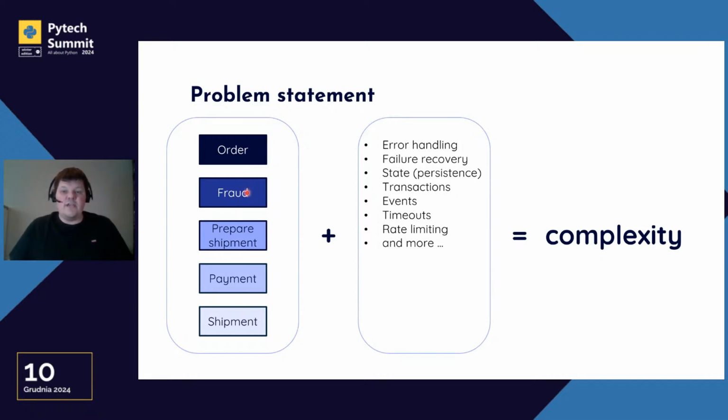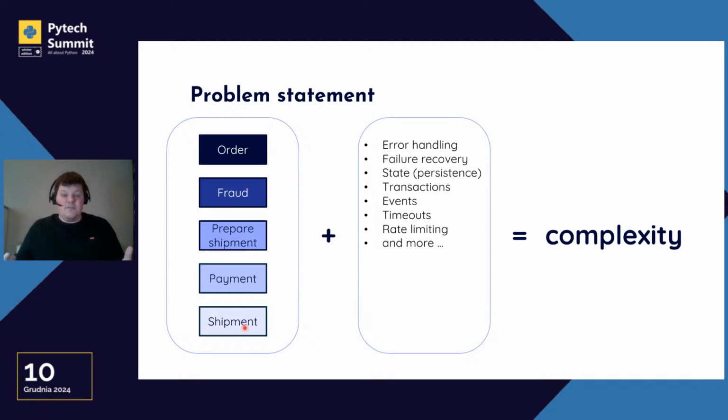It means we want to check whether we can use the payment details from our client, or it's fraud and we cannot use these payment details, for example because the credit card was stolen. Next, we need to check whether we can fulfill the order. It means, do we have everything in stock to be shipped? Next, we need to charge our client, receive confirmation of payment, and only then can we fulfill the shipment.